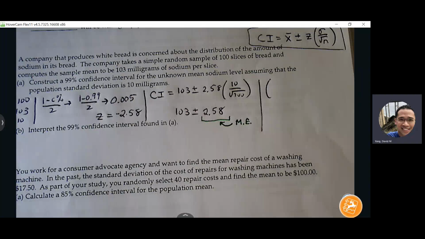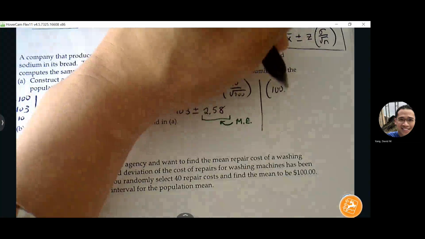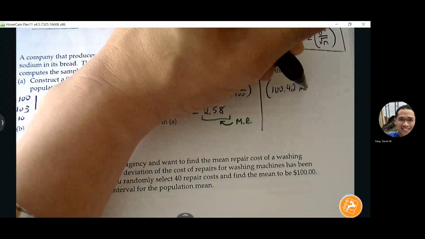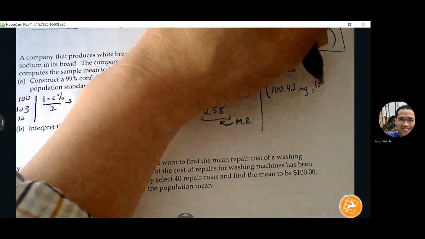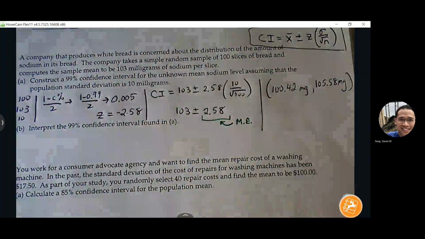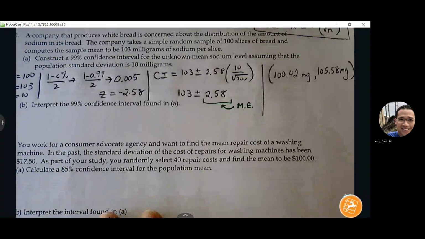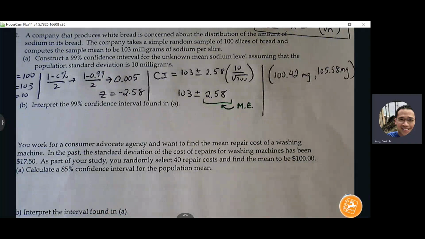The 103 plus 2.58, that's my upper bound. So we just carry that down to part B, that's our answer.